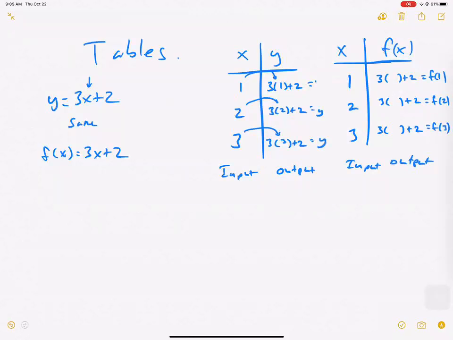Here, this is just y, so it doesn't help you identify what you're plugging in. In this case, x is now 1, x is now 2, and x is now 3. In the end, you still get the same table.